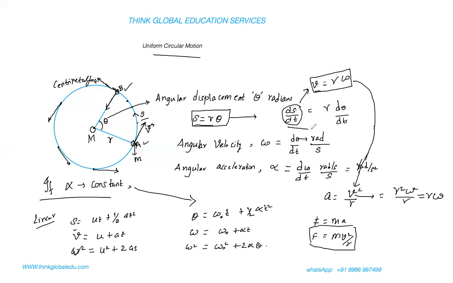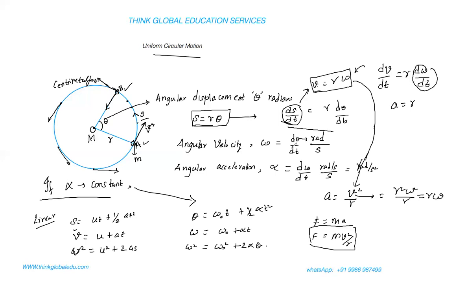As we know that v is equal to r omega, if we further differentiate this equation with respect to time, we get dv by dt. The radius is a constant value, so we get r multiplied by d omega by dt.